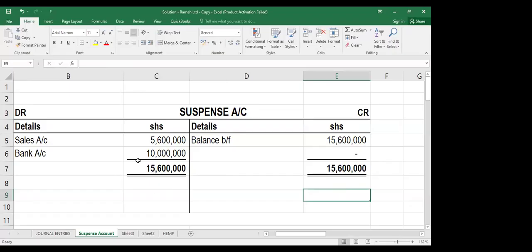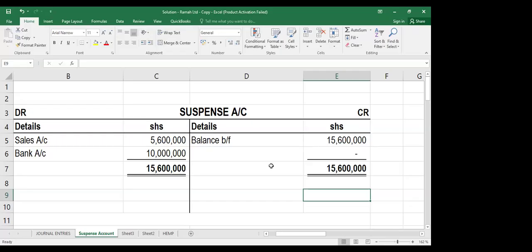We shall go back to our trial balance and adjust these totals or present this suspense account that we have balanced off. So depending on the number of errors that have taken place, you may have some errors also lying on your credit side, both on the credit and debit side.